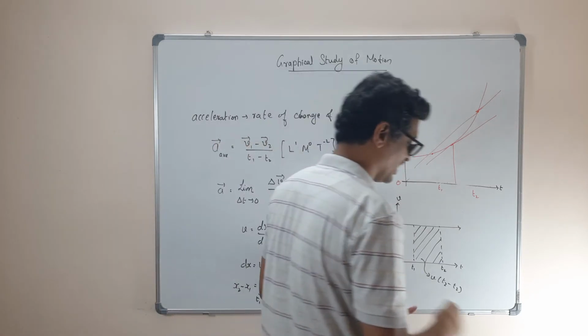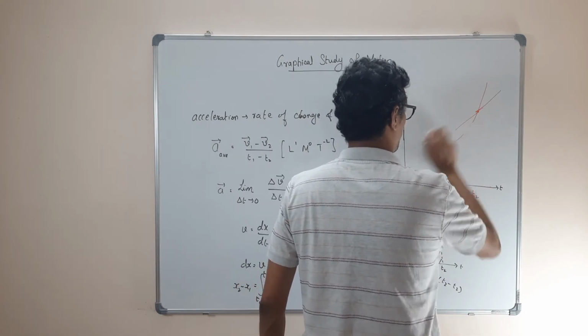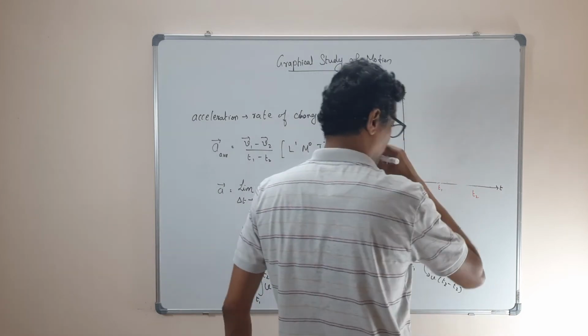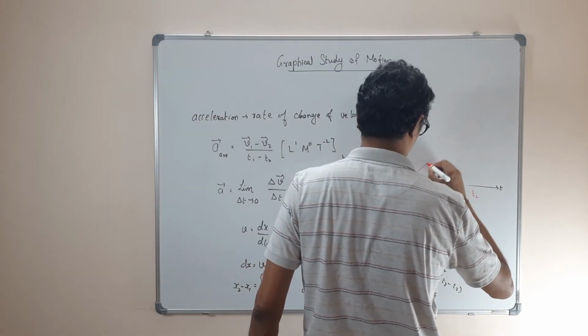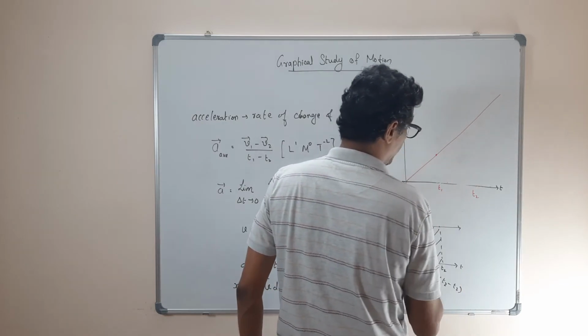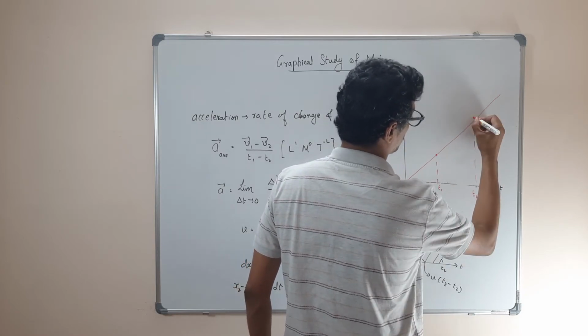You should ask me, right? Tell me. So, earlier also we wrote, right? For a constant acceleration, we draw the line like this. Let us take this point as T1 and this point as T2.